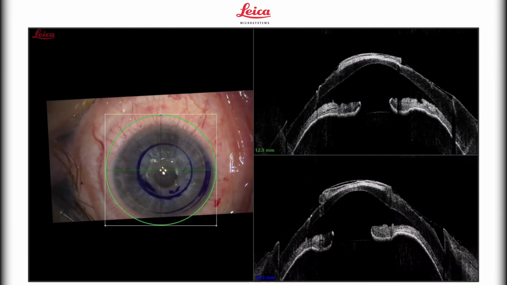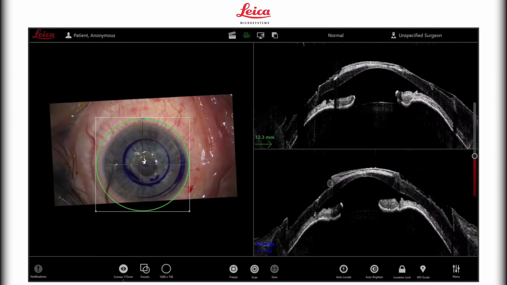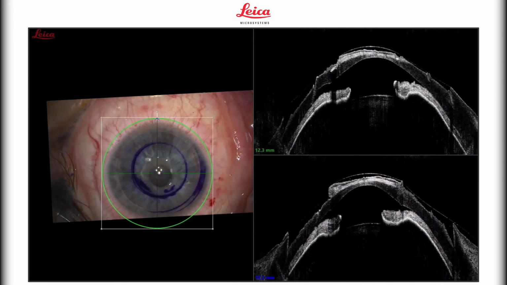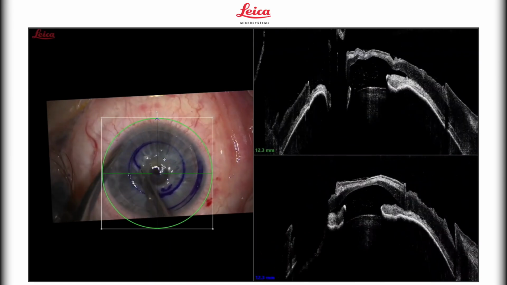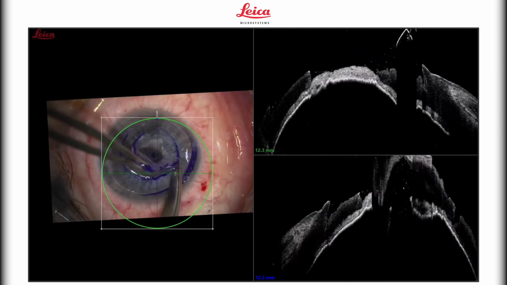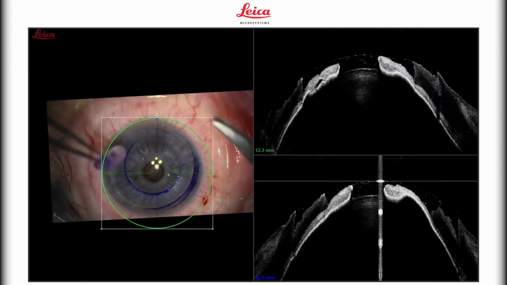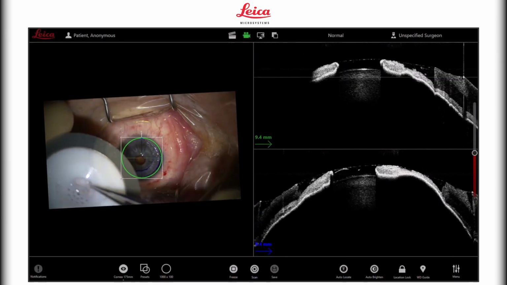We remove the diseased part of the deep stroma and endothelium by scissors. And here we are.